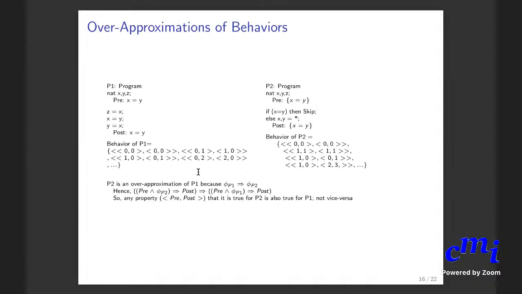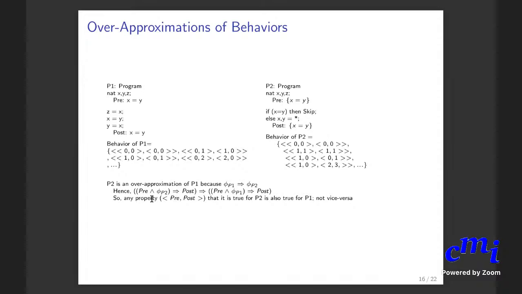So in general, if you add behaviors, and the property that you're interested in still holds for the over approximation, then it also holds for the original program.